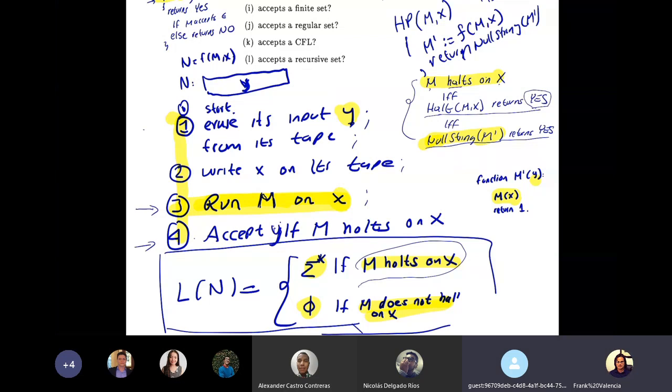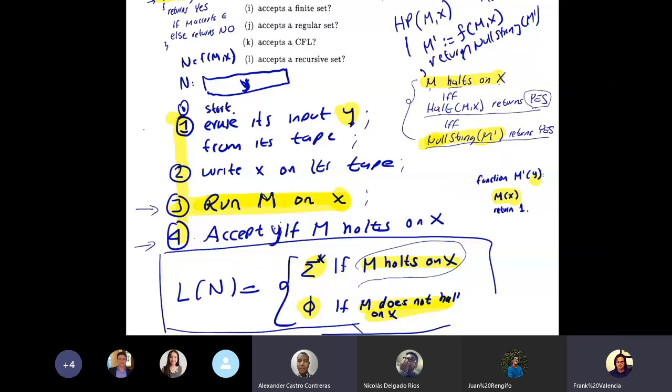Exactly. Because you see, Alexander, for any Y that you get here, you run the same M on X, no matter what the Y is. That means that either you will accept all Y's in case this halts, every Y that you get, you're going to accept it, or if this doesn't halt, you're going to reject all of them because you will never get to step 4, since you will be stuck on this step trying to simulate forever. You get that?